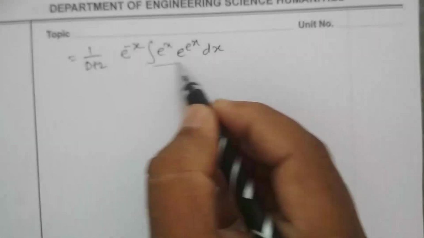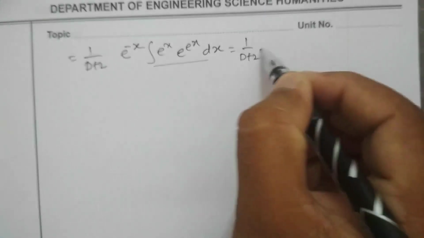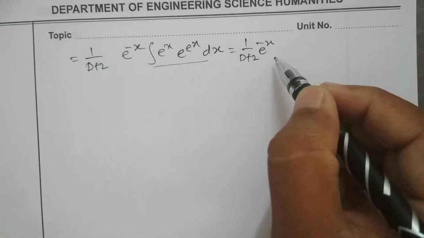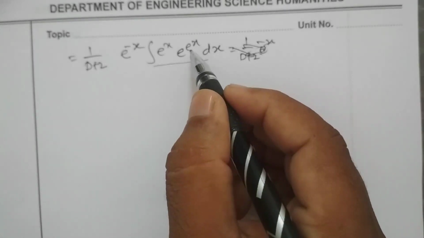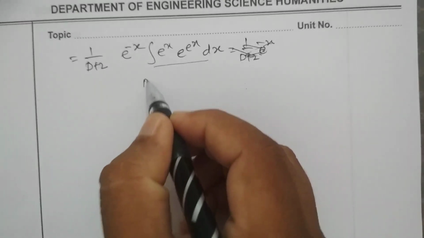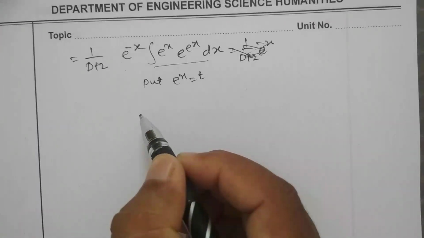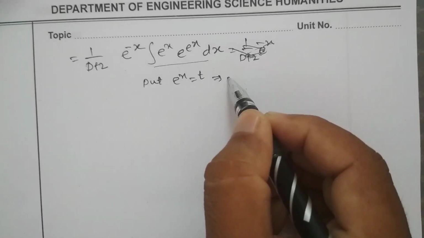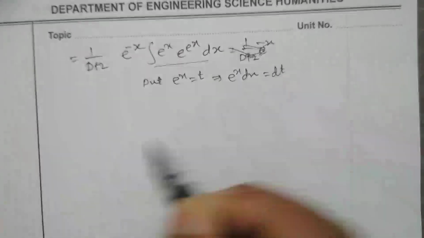First of all we solve this integration. This equals 1 upon D plus 2 e raised to minus x. For solving this integration we use the substitution method. Put e raised to x as t. If e raised to x is t, the derivative gives e raised to x into dx is dt.